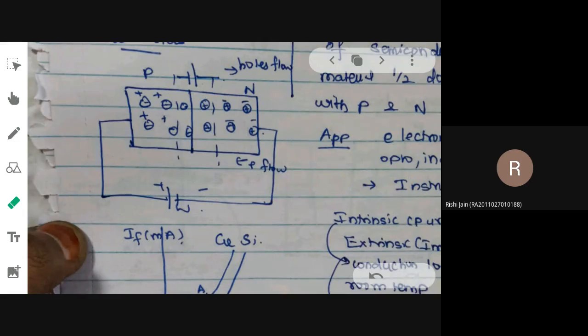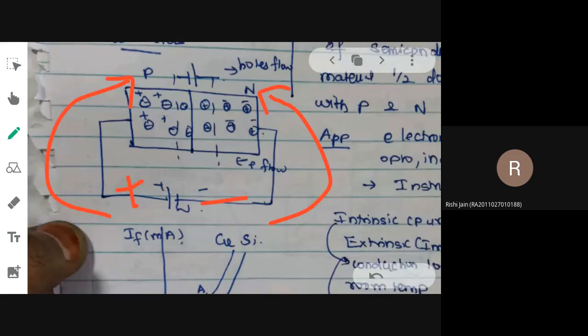What is this terminal marking? What symbol is given to this terminal? Positive. Here on the other side you have negative. Positive is connected to which terminal and negative is connected to which terminal?